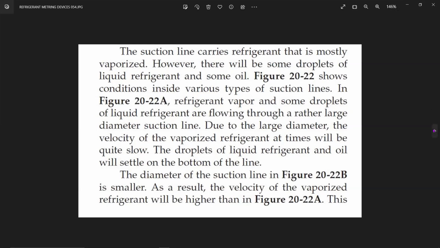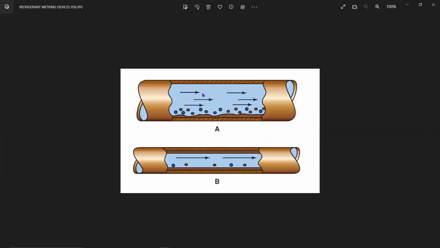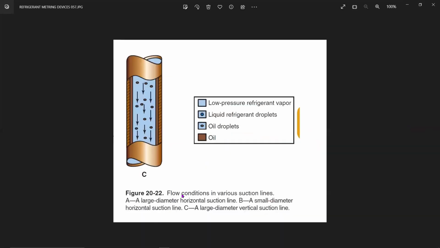So what he's trying to say, you see, is why we always have the sensing bulb on top of the line. So what is happening? You have a line like this, A and B, what they're trying to show. The flow conditions show a large diameter horizontal line and a small diameter horizontal suction line. This one.